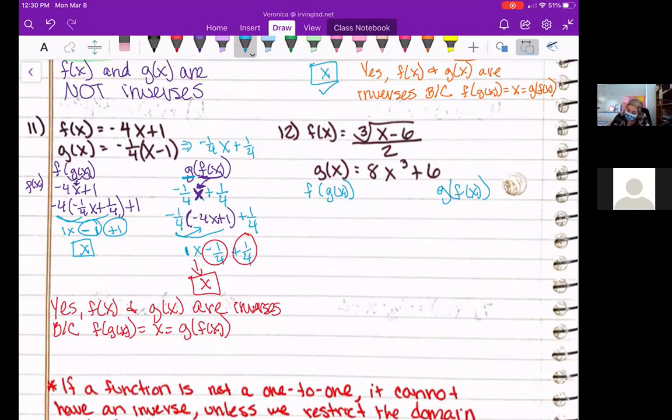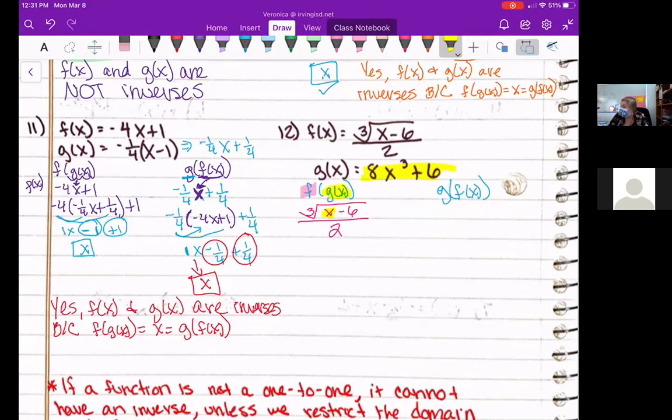So then the setup, we're going to grab f first, right? So I'm going to write the cube root of x minus 6 divided by 2. Now, I grabbed f. Now, instead of x, I'm going to put inside of it g of x, which is all of this, right?